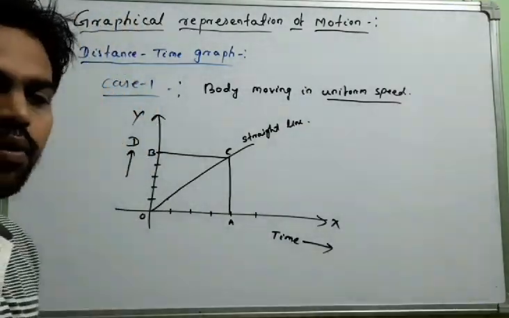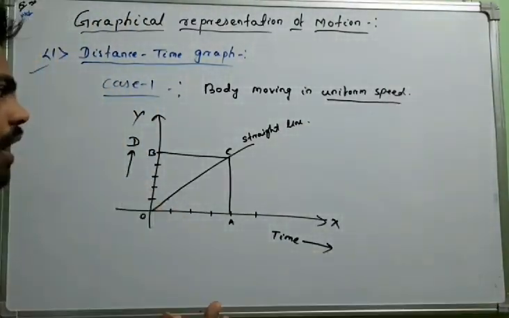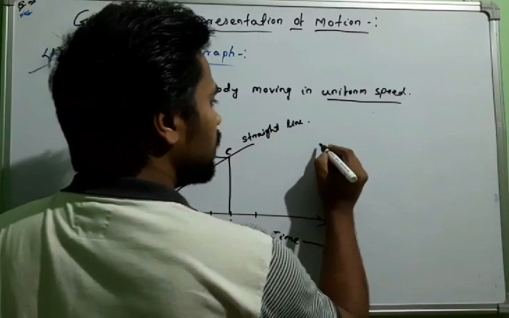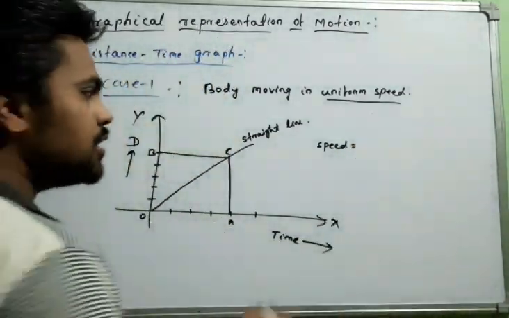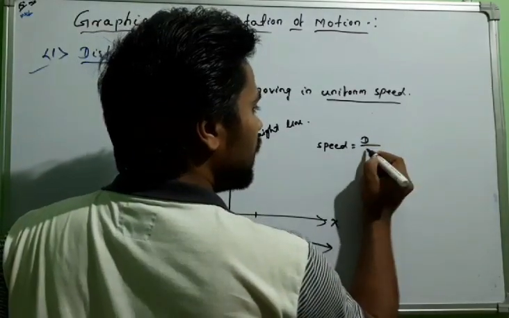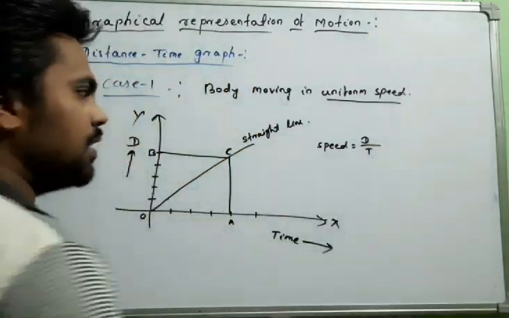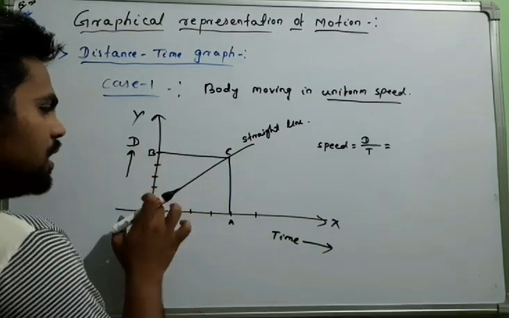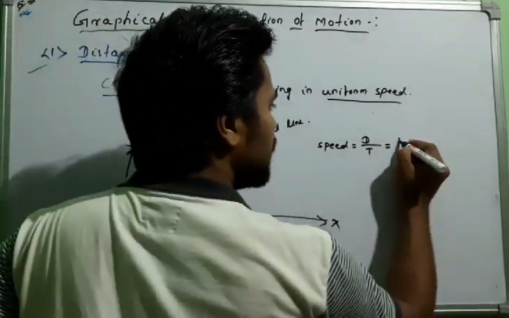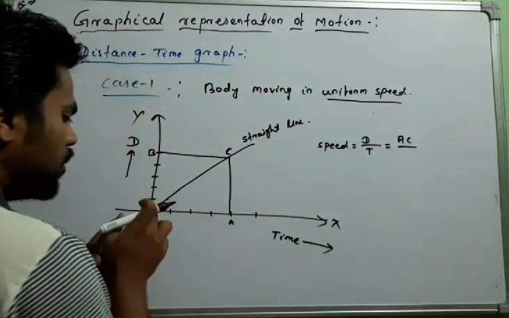If we want to derive speed here, we know that speed is equal to distance travelled divided by time taken. Just see how much distance is travelled. OB is equal to AC, so AC divided by how much time?